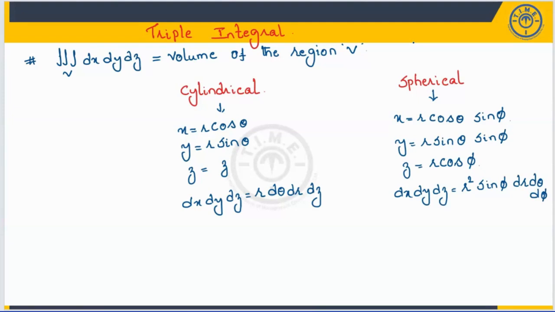So these are the spherical coordinates: conversion from Cartesian to cylindrical, conversion from Cartesian to spherical.